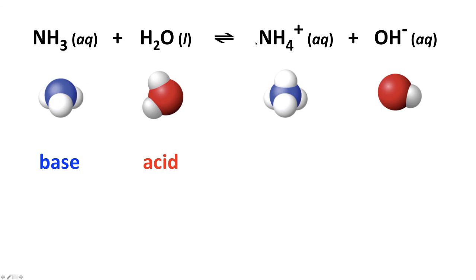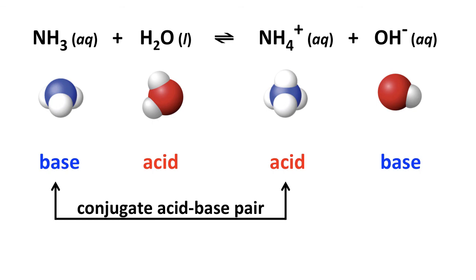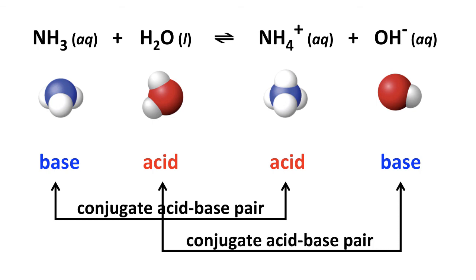And going in the opposite direction from right to left, NH4 plus can donate an H plus to OH minus, making NH4 plus a Bronsted Lowry acid and OH minus a Bronsted Lowry base. And the conjugate acid-base pairs are NH3 with NH4 plus and H2O with OH minus.